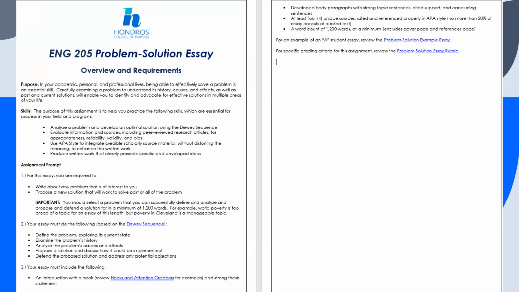So it is a little bit on the longer side. And it's also the biggest paper that you will be writing in this class. It's worth the most points. This paper is worth 25% of your final grade.